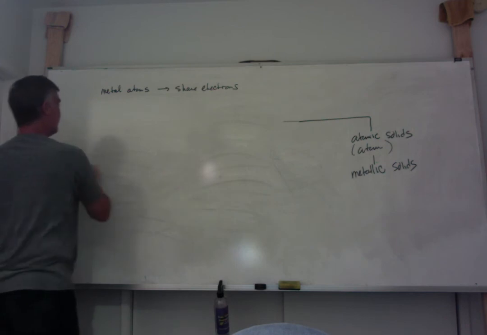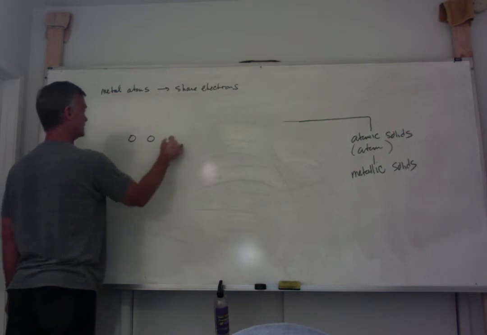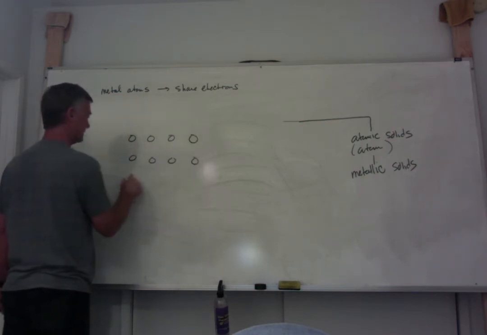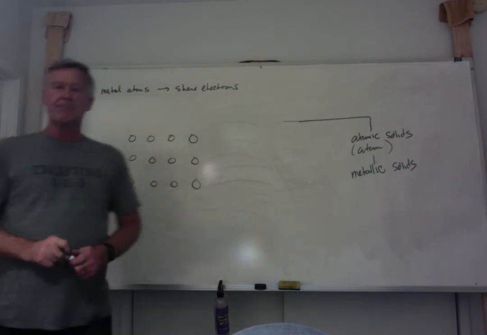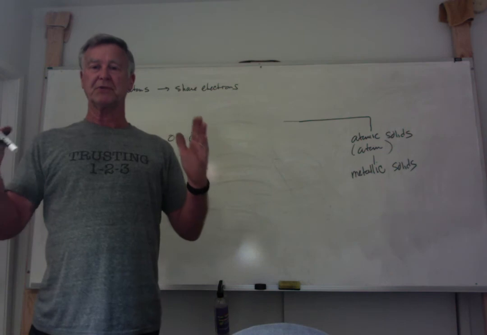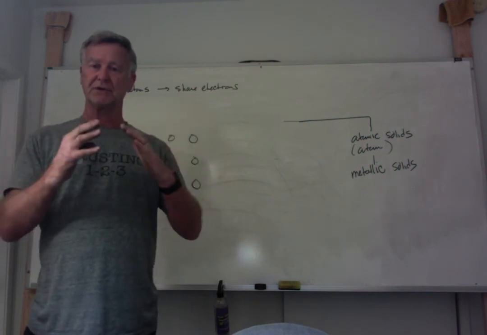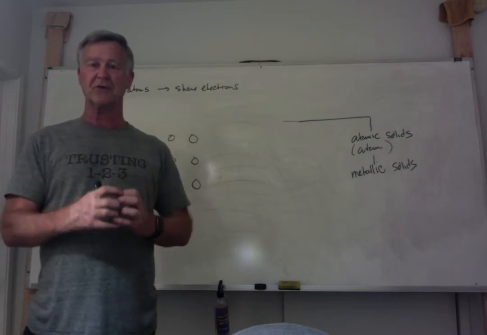And what we find is, let's say we take a bunch of copper atoms. We'll just put these as copper atoms. Copper atoms have more electrons than they want, and they want to get rid of those electrons. Something very interesting happens when copper atoms get close to each other. Their orbitals start overlapping, and they actually don't need as many electrons.